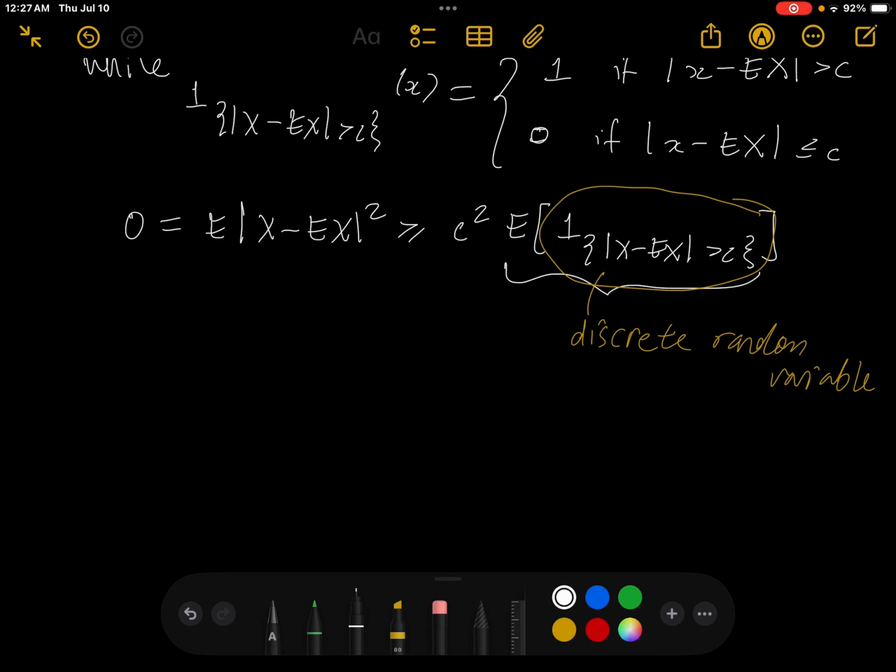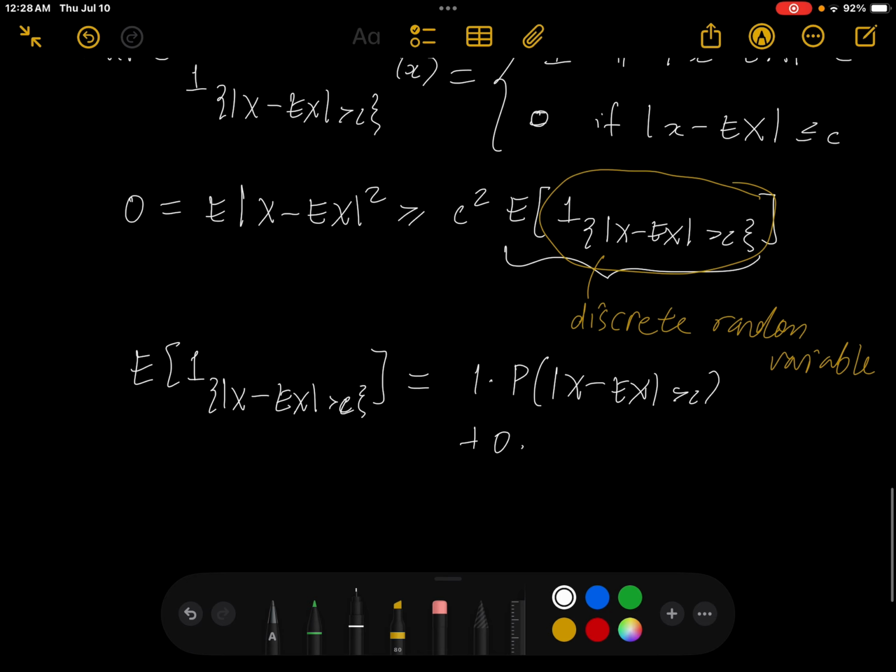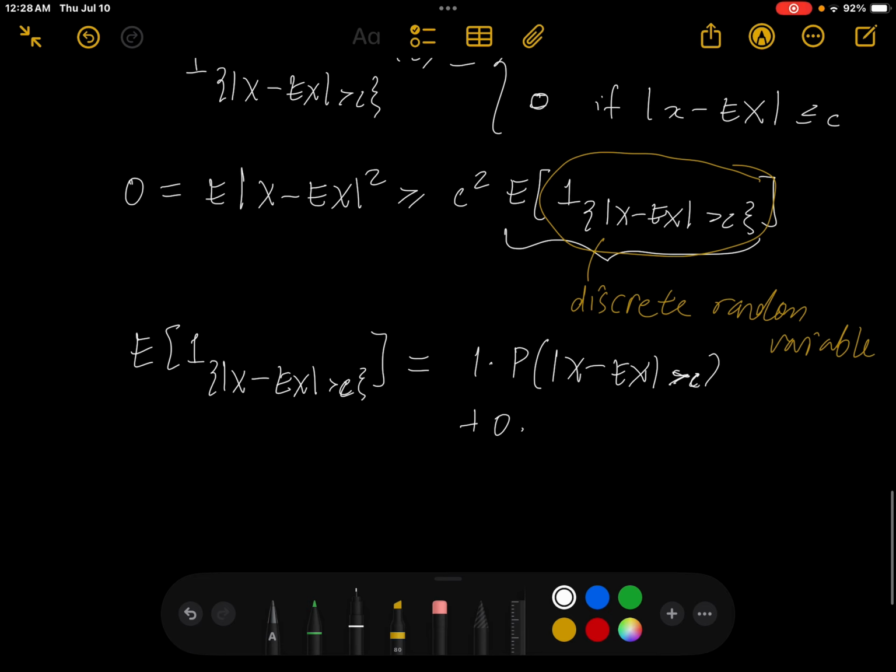So the expectation of this is equal to 1 times the probability that the absolute value of x minus ex is greater than c, plus 0 times the probability of the other event happening. Because this is from the definition of this random variable.